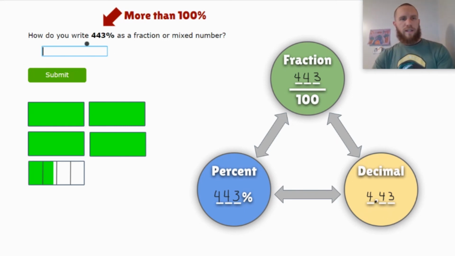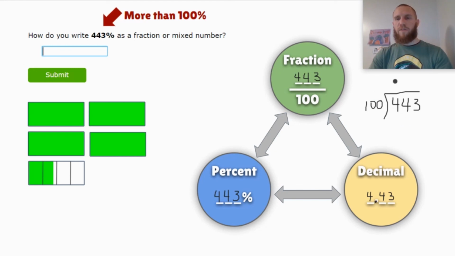Now the question is asking, how do you write it as a fraction or a mixed number? So as a fraction, it would just be like this, 443 over 100. But as a mixed number, what we can do is we can divide the numerator by the denominator. And we could do that using long division, like by doing 443 divided by 100, and then see how many times 100 goes into 443. But why do that when we have the answer already right here?